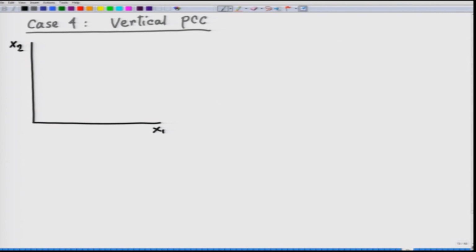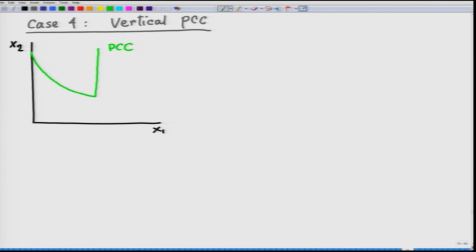So, here we are talking about a PCC which first falls and then after some point the consumption of commodity 1 does not change anymore with a fall in price of that commodity, but consumption of commodity 2 keeps on rising and hence we get this kind of a shape.